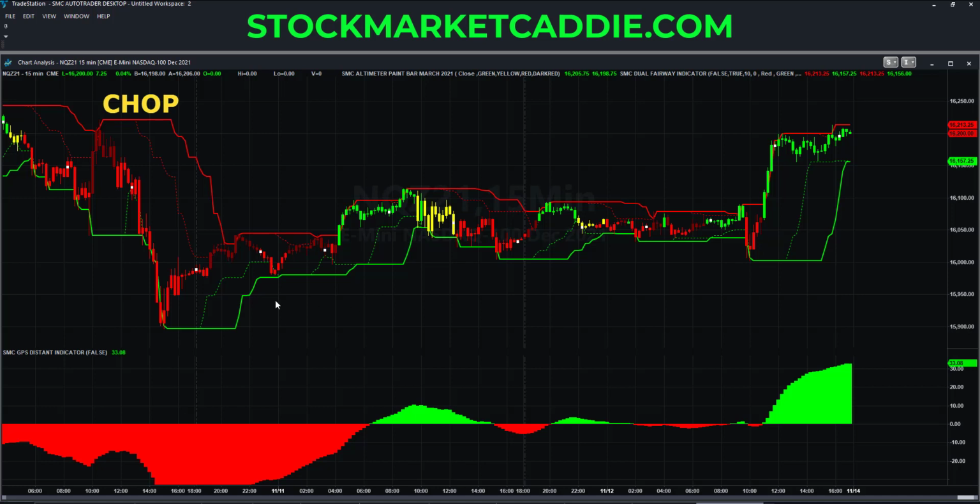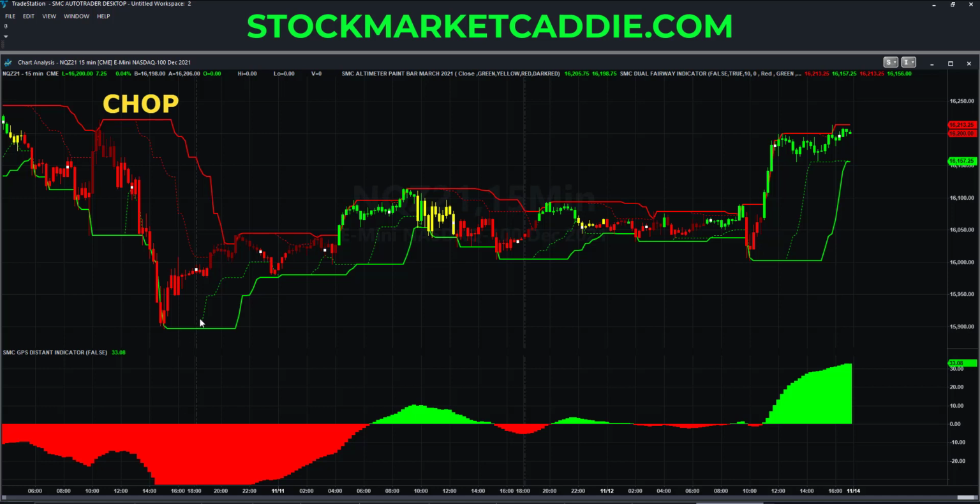And where it can come into play is that you can begin to see a number of things, but you can use the inner channel, maybe even the outer channel, as a stop level. So for instance, if one had gotten short in here and was riding the momentum down, maybe, just as an idea, they could use the inner channel here as a stop level, and they would actually stop out here.